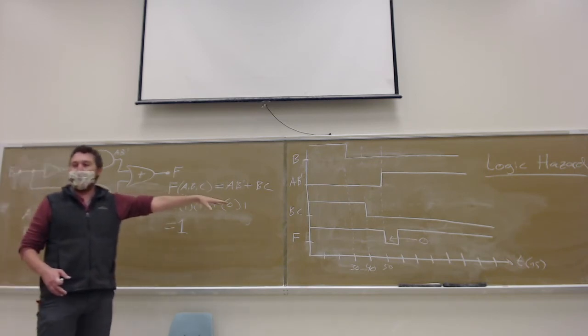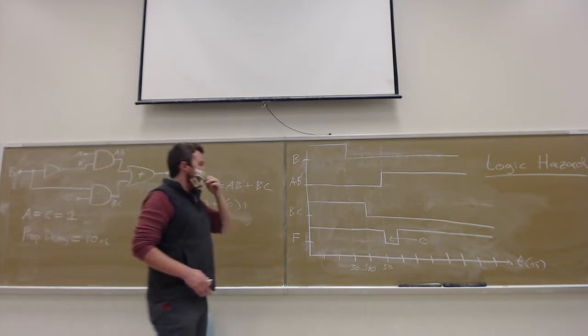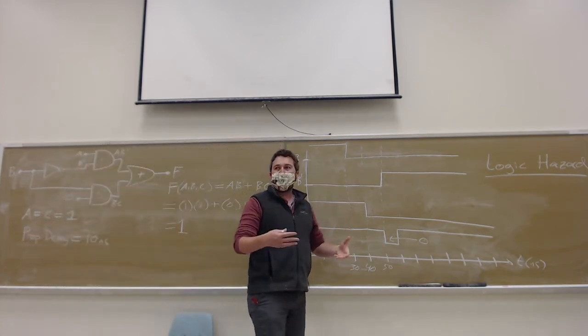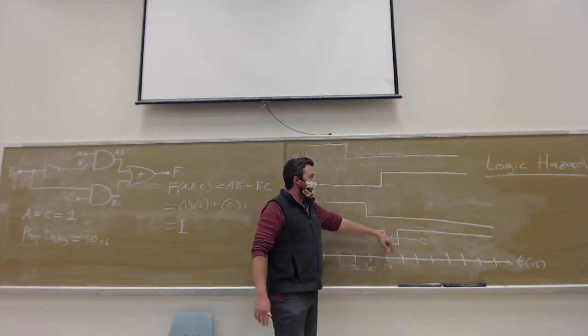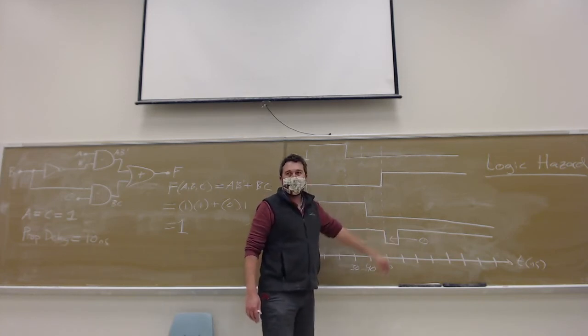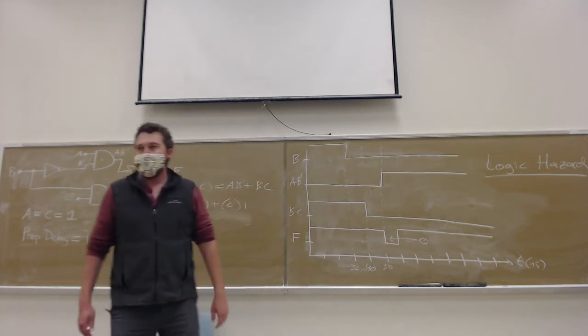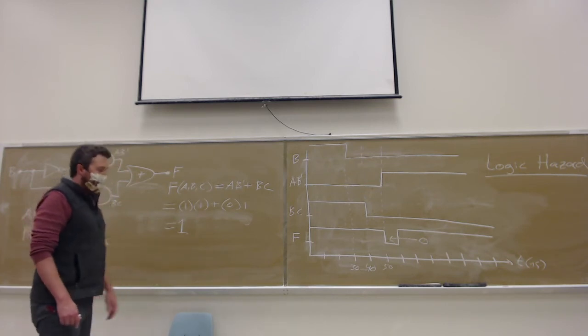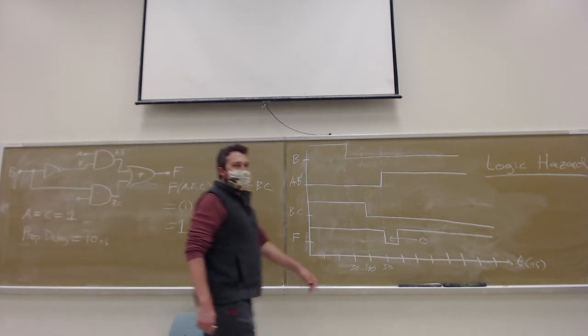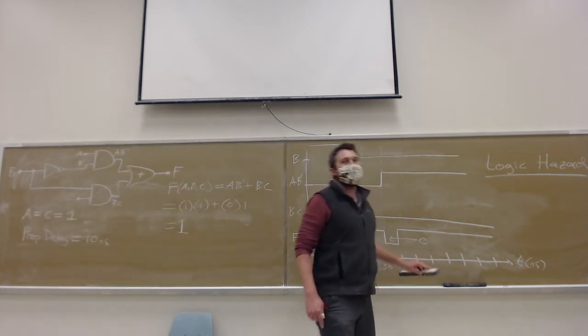Or excuse me, should have stayed at 1. Right, the entire way through. But because of the realities of building the stuff, we get these moments where these logic hazards can occur. So can that happen but the opposite way? Can it go off to 1, go back to 0? Absolutely. There's a whole encyclopedia of logic hazards. There's all kinds of different things that can go wrong.